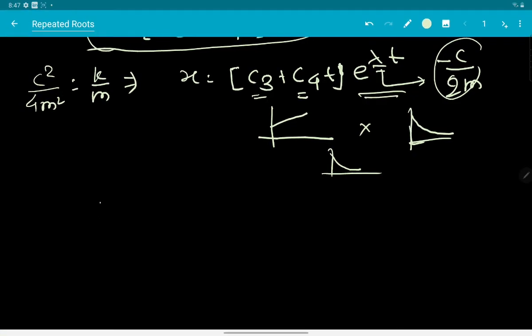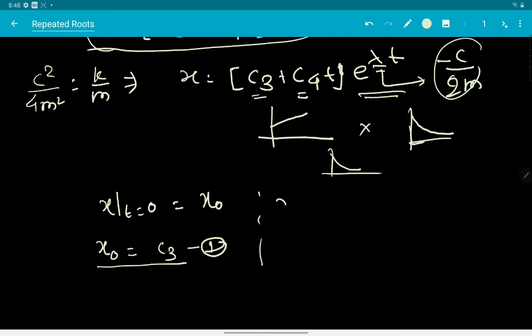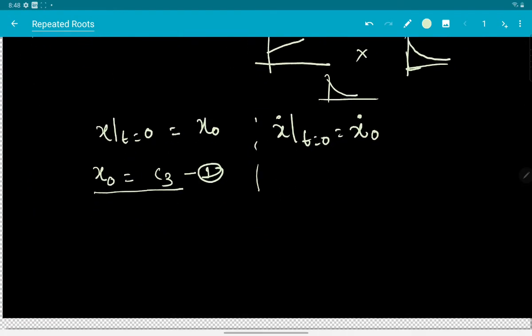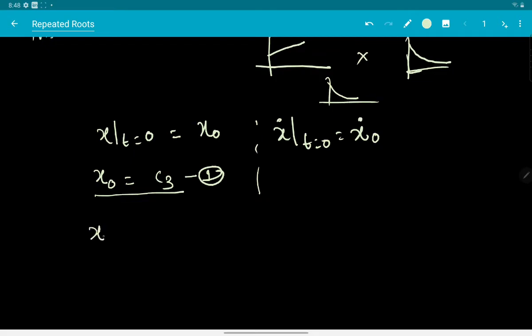So what we have is x at time t equal to 0 should be equal to x0. It means that x0 should be equal to c3, right? This is equation number 1. And I want x dot at time t equal to 0 to be equal to x dot 0. So in order to do that, let me first of all find out what is x dot.